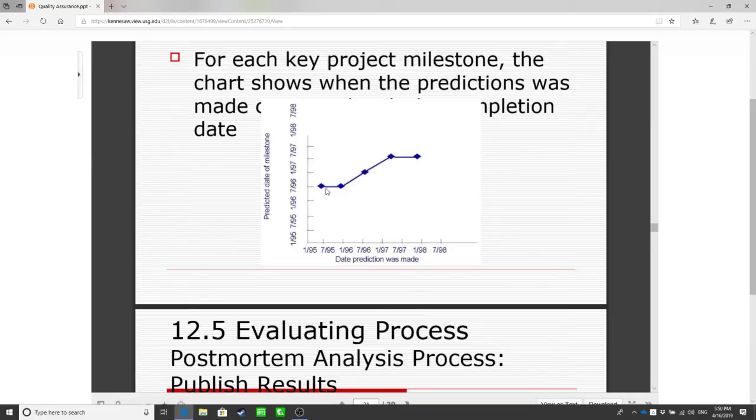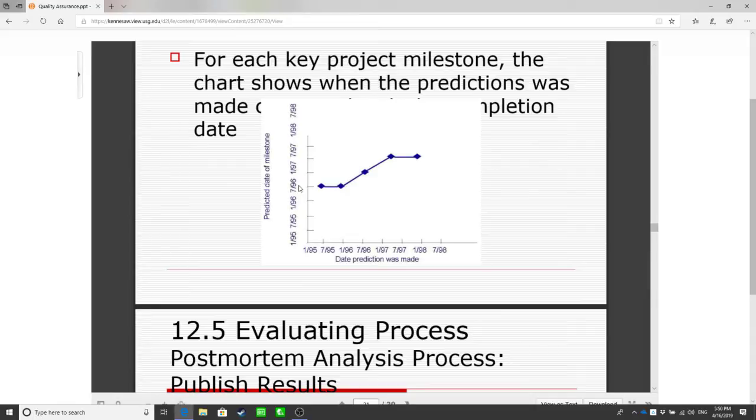Let's see. Here we make a prediction it's going to be finished a year later, and half a year later we still make a prediction that it will be finished on the same date. That means during this amount of time, the whole project is on track, right?